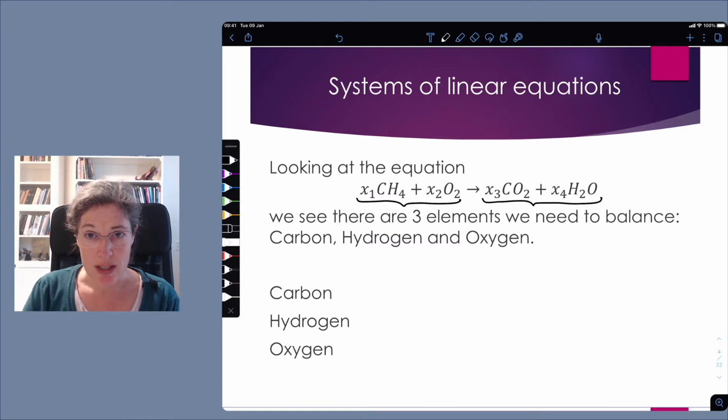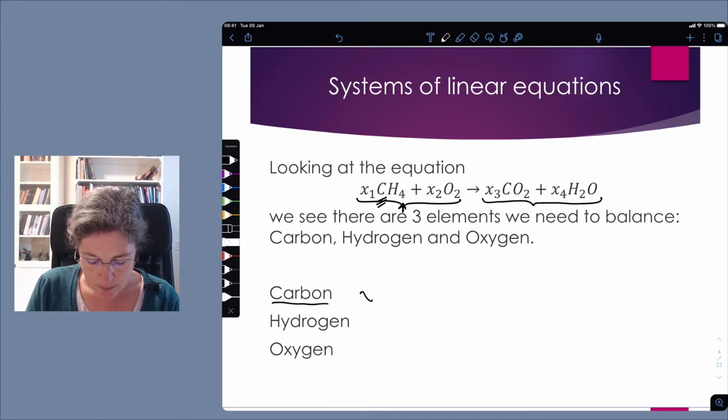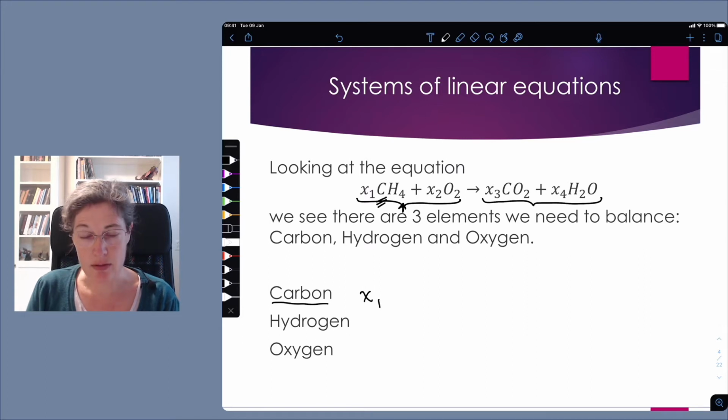So we can start to write down some equations. We have a look at the left-hand side of our equation, and let's analyze how many carbon atoms we have. Well, we've got a carbon atom for every molecule of methane that we have, and we have x1 of those. So we're going to have x1 carbon atoms on the left, and we want to make sure that it's equal to the number of carbon atoms that we have on the right.